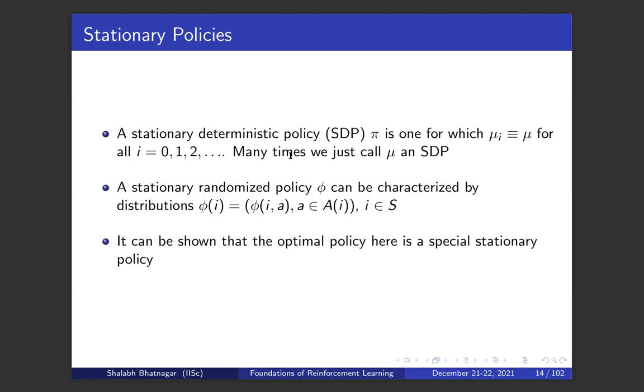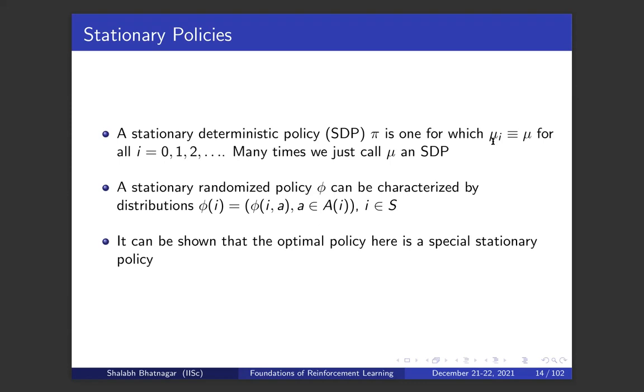There is what we call a stationary deterministic policy. Recall that pi is this vector of mu0, mu1, mu2. Of course, in the finite horizon setting, we ended at mu(n minus 1). If it is a stochastic shortest path problem, as we are considering, you cannot specify what n is.